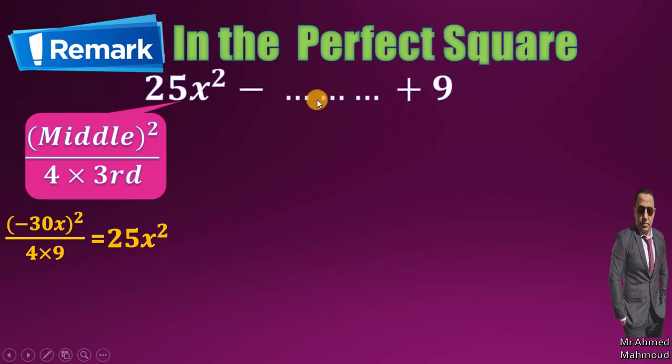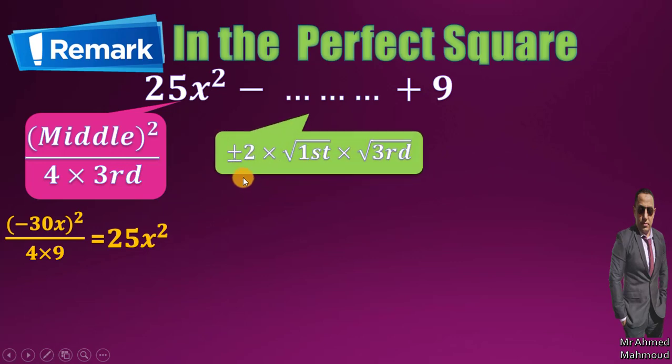What if I need the middle? The middle equals negative or positive. Okay, and of course you have to write negative or positive. Why, Mr. Ahmed? Because the first and the third are always positive, and the middle has 2 possible values.